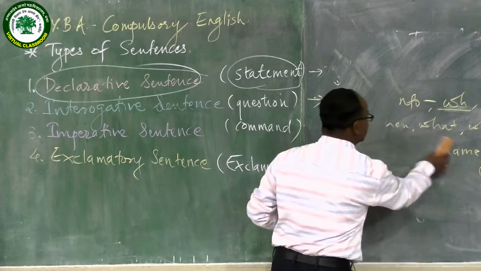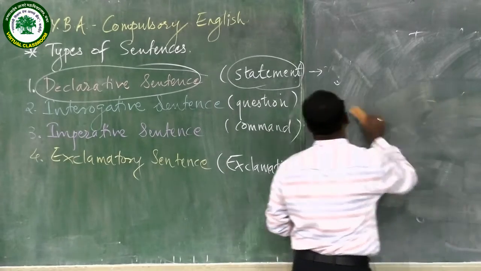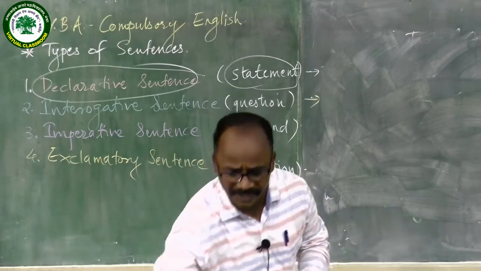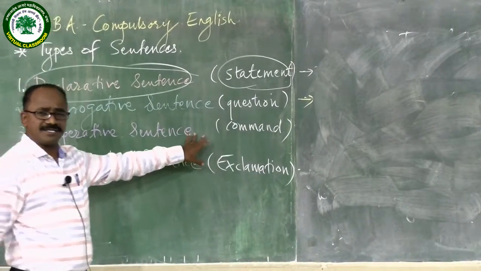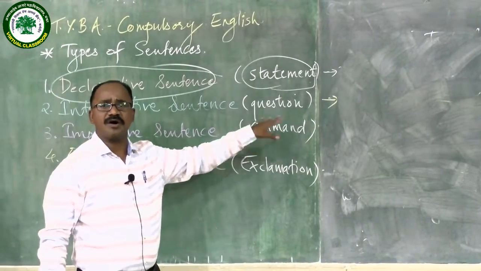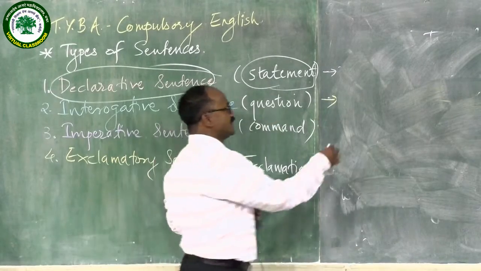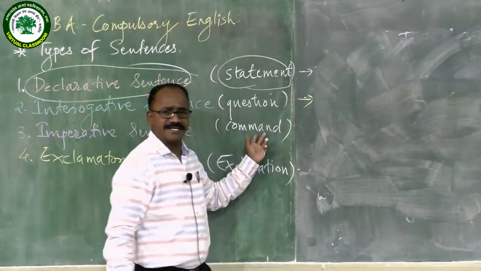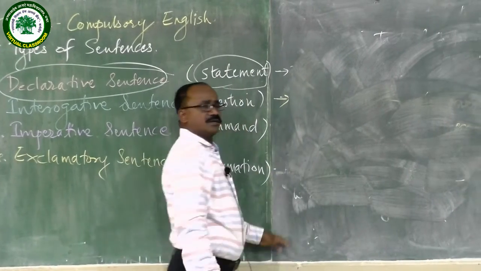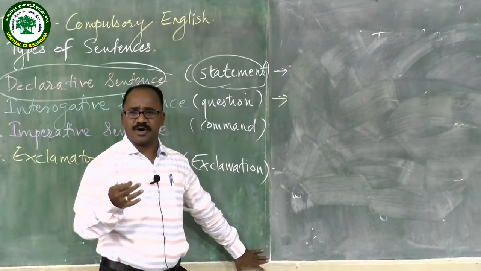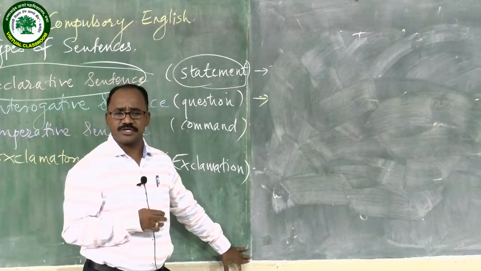Now what are imperative sentences? Can anyone tell me? Okay, I'll tell you. Imperative sentences are generally used for commands, requests, or advice. The speaker uses this kind of sentence for commands, like, say, if the captain is ordering or giving a command to his soldier, shoot him at once.